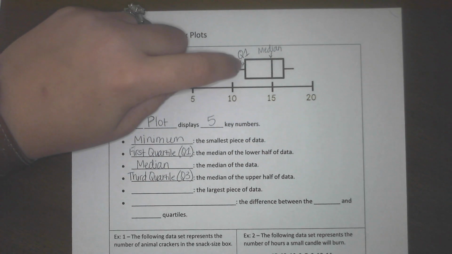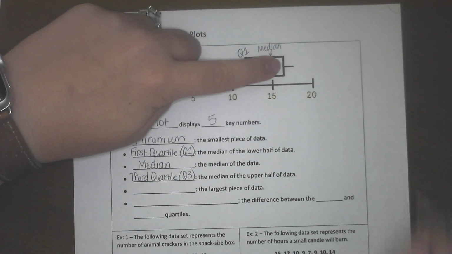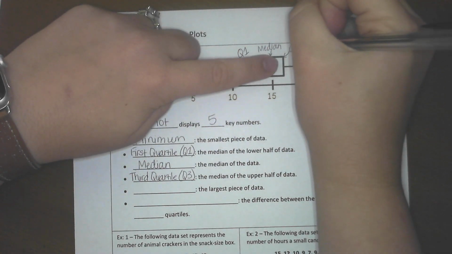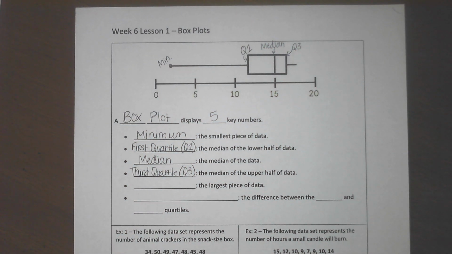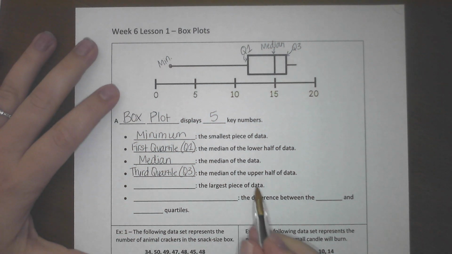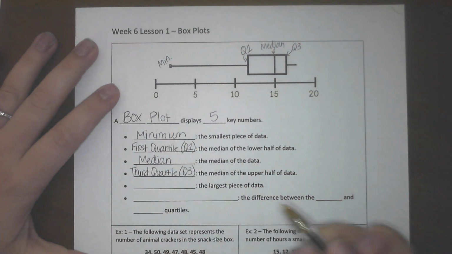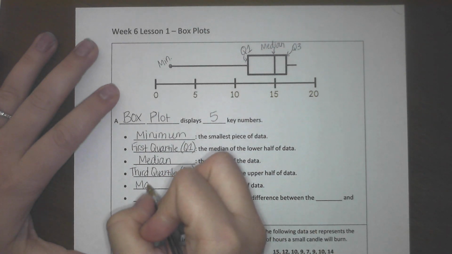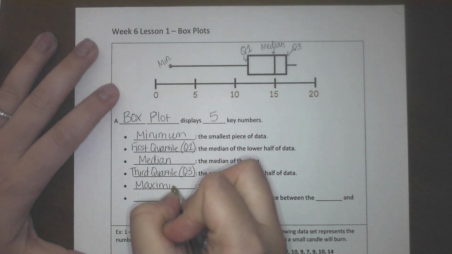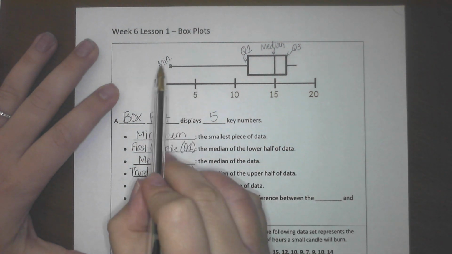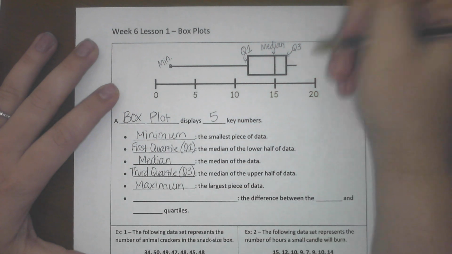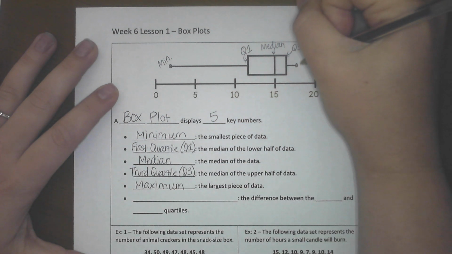So if Q1 is the left side of the box, Q3 is the right side of the box, the third quartile. Okay? And then the largest piece of data, the smallest was called the minimum, the largest is called the maximum. That's the largest piece. So if this is the minimum, all the way over here, you can create a little dot, is your max.